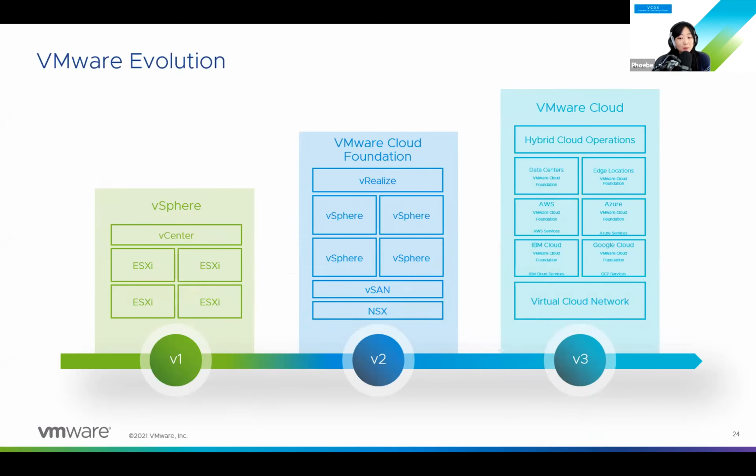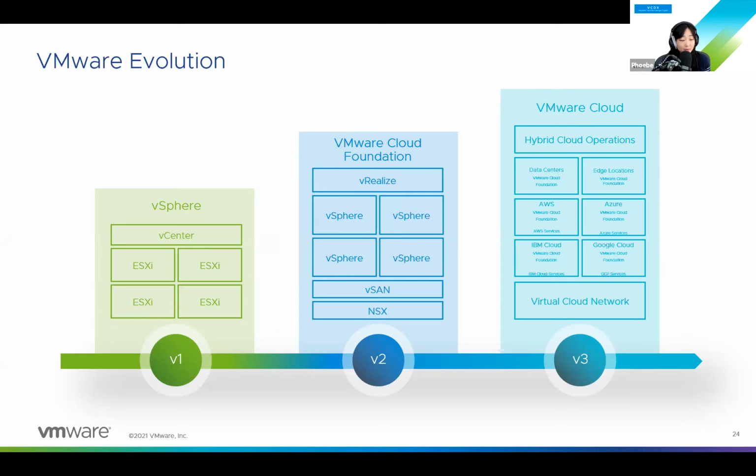So we moved from that vSphere realm, or what he called version 1, to version 2, which is a software-defined data center. That's based on vSphere, NSX, and vSAN. Each of those are data center layers, right? vSphere being compute, NSX being network, and vSAN being the storage, where these are all virtualized infrastructure. So now we're, quote unquote, at version 3, which is hybrid cloud operations as a platform.